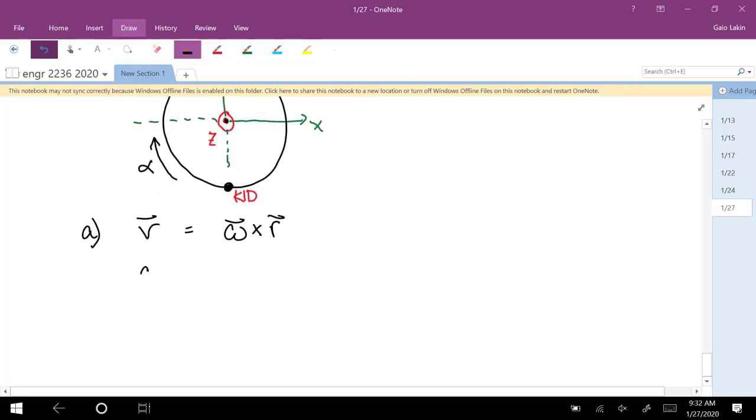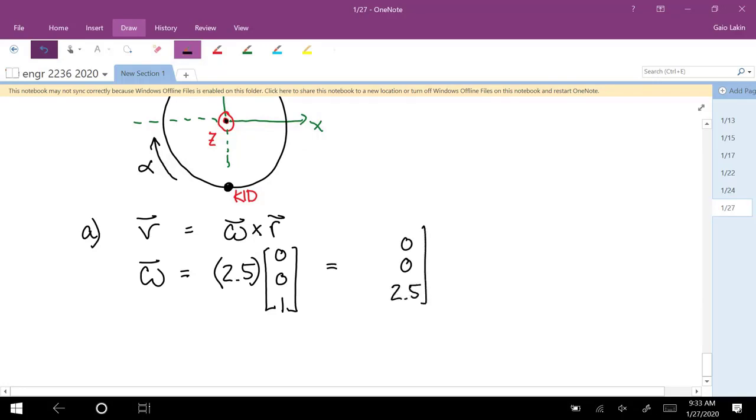So the angular velocity is 2.5 radians per second times the unit vector in the direction, which is 0, 0, 1. And so the angular velocity is 0, 0, 2.5 in radians per second.